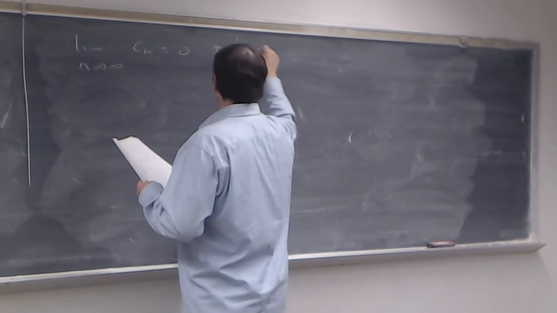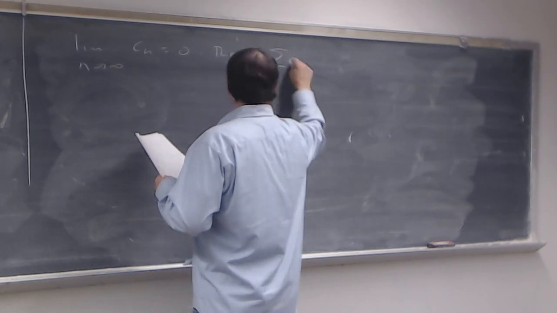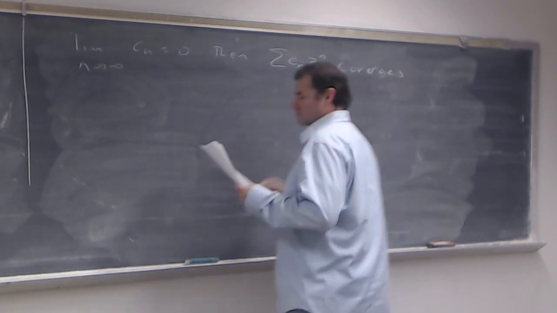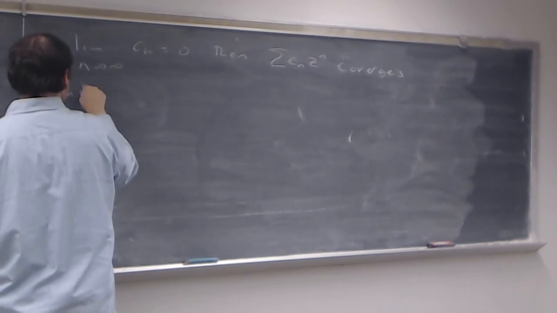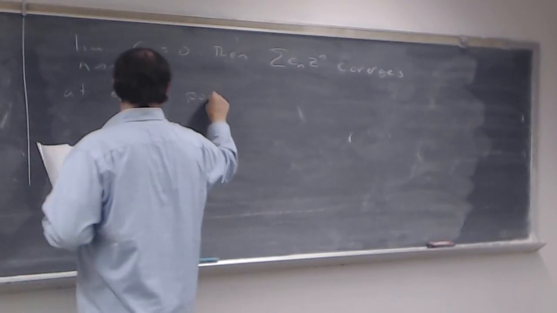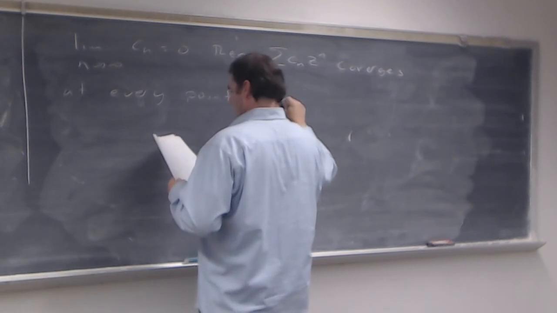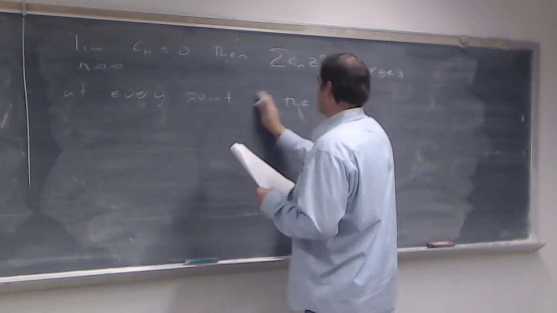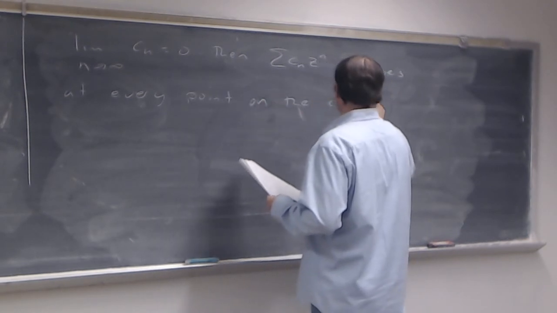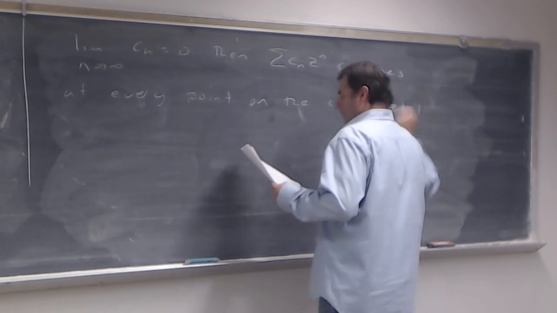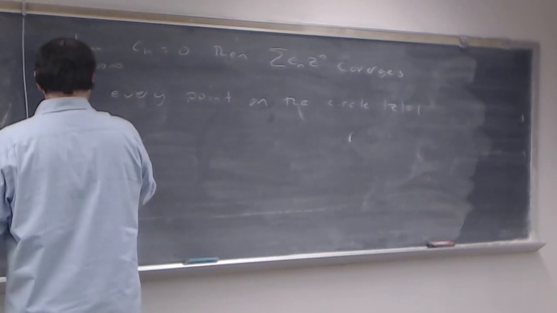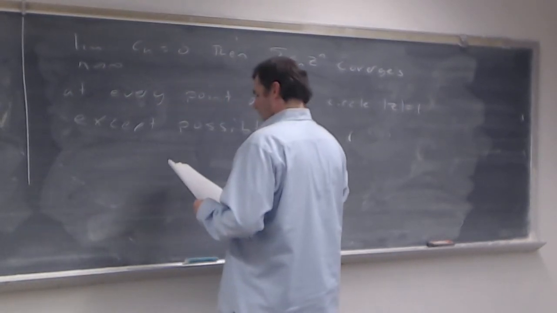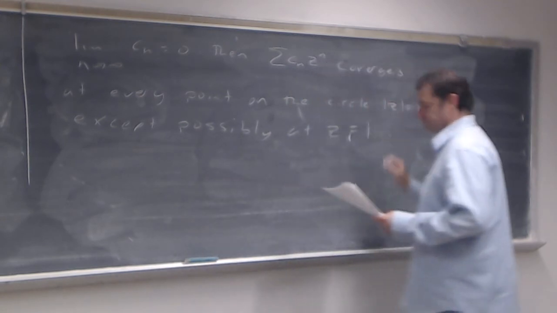Then this power series converges at every point on the circle, that's the absolute value of z equal to 1, except possibly at z equals 1.